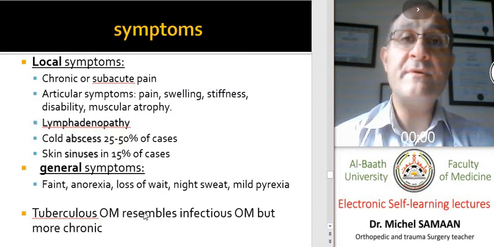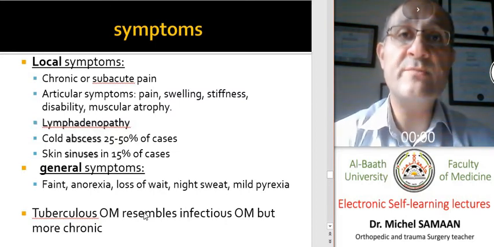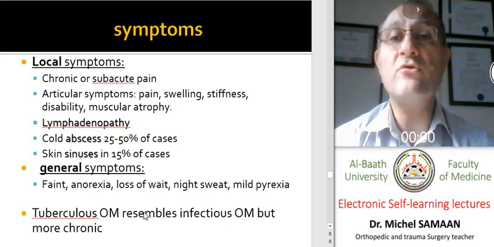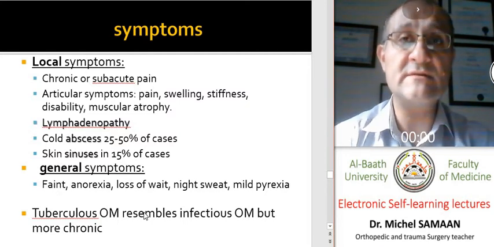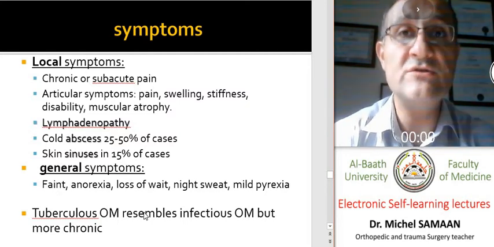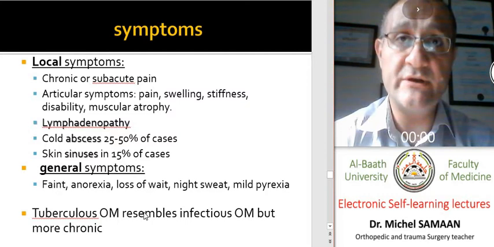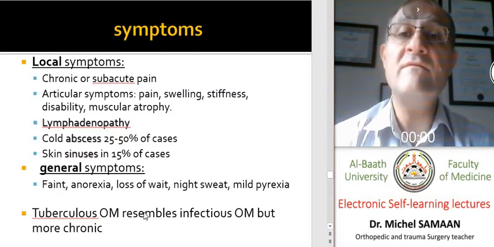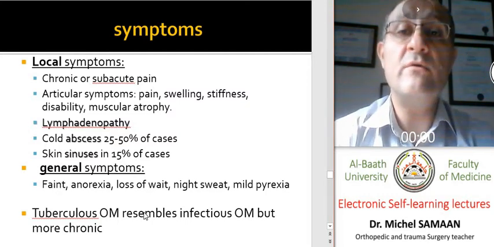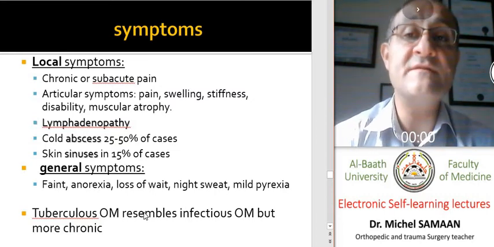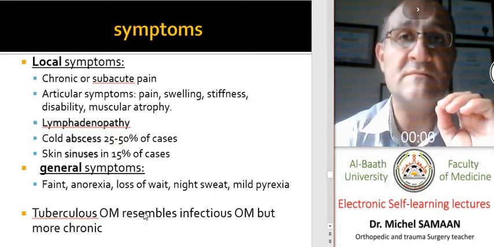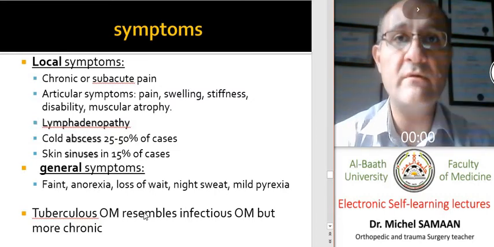The symptoms of the patient with tuberculous infection are chronic or subacute pain, because the tuberculous infection is usually a chronic situation. In articular symptoms we may have pain, swelling, stiffness, disability, and marked muscular atrophy. We will talk about this.